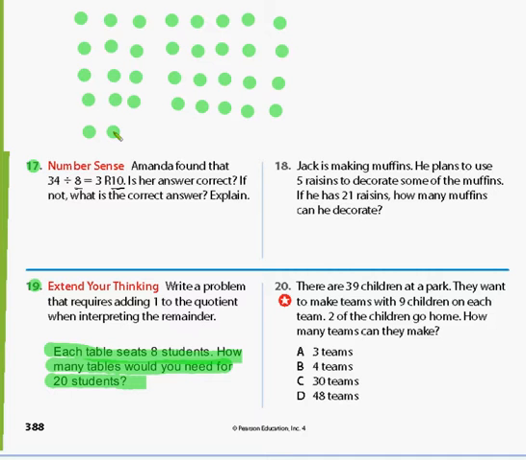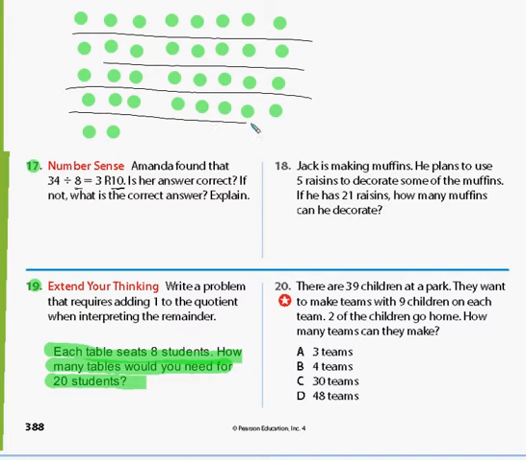So one group, 2 groups, 3 groups, 4 total, with a remainder of 2. So the answer would be 4 remainder 2. And the last problem.